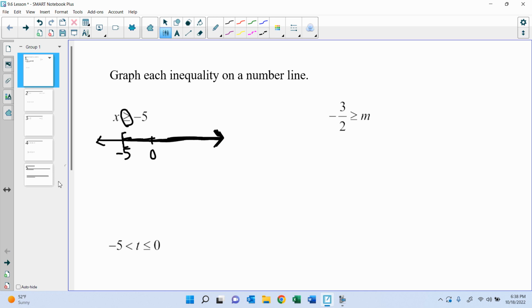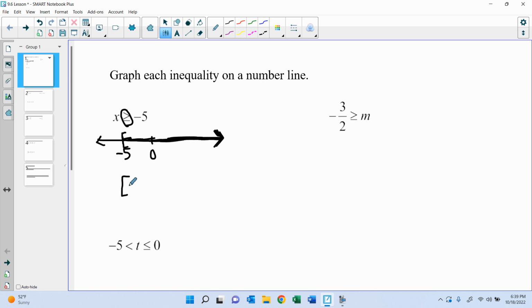The other thing we're going to do every time is write interval notation. So instead of just the number line, every time go ahead and do interval notation. Once we learn how to do it on the number line, interval notation is easy. Your interval is going to use the same symbol that you used up there.